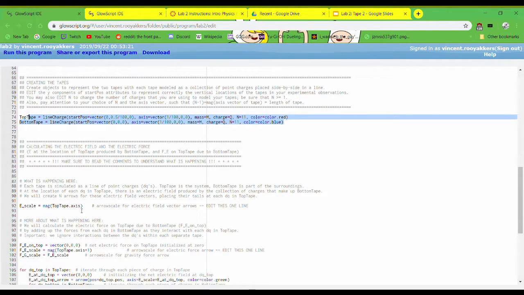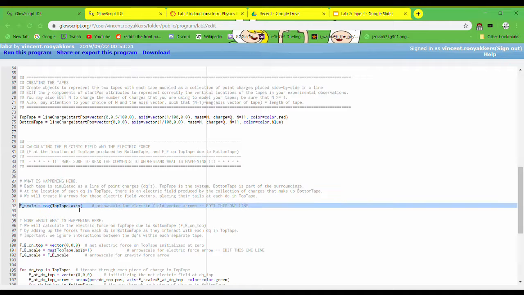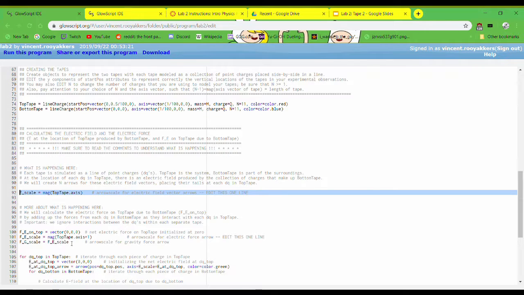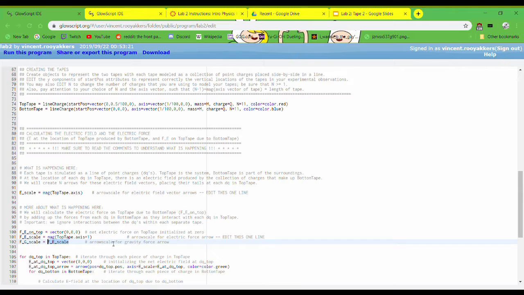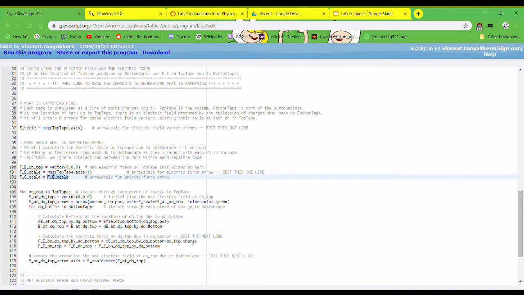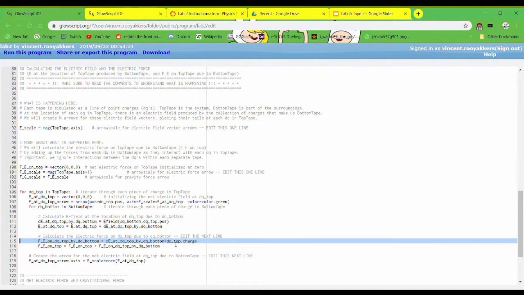Then going to our E scale, I wanted to be able to see the arrow and the point charges, so I used the size of the point charges to determine how large the arrows should be. So again, we see that for the force scale, the gravitational force scale here. Going down to the calculations, the first thing it asks you to fix is to calculate the overall electrical force.